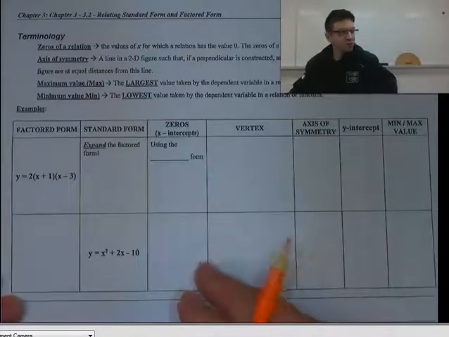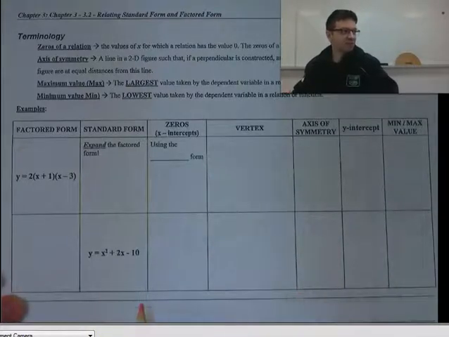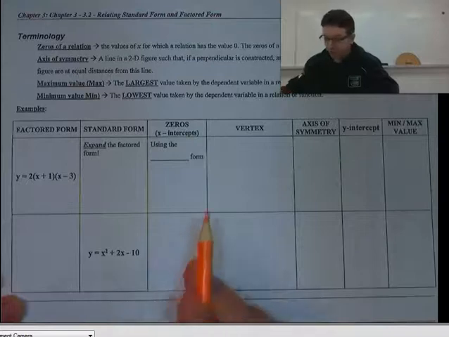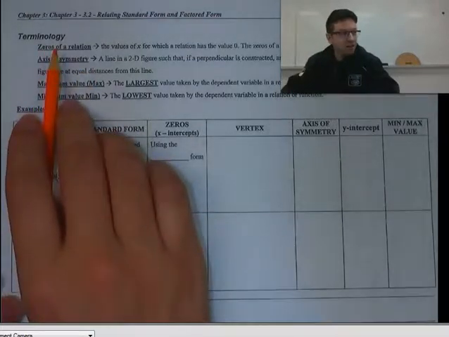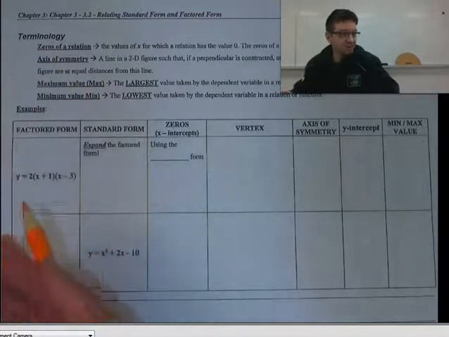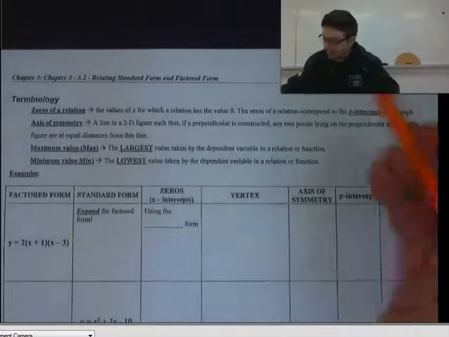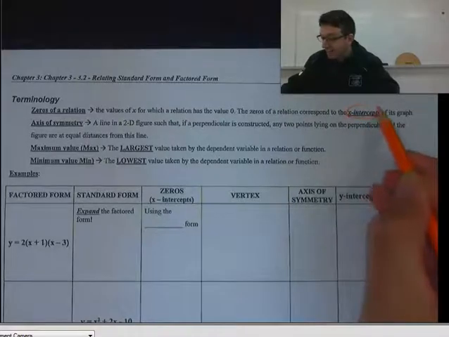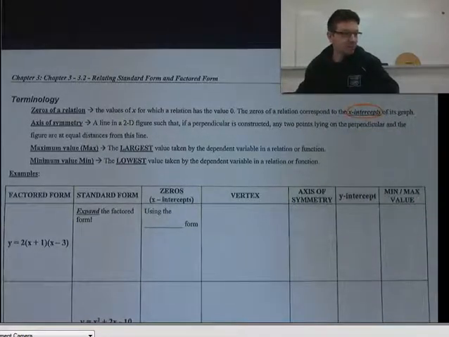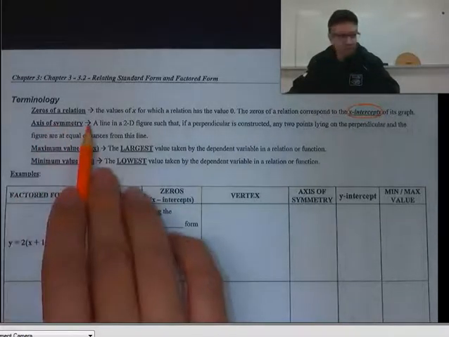Alright, so before we move on and practice with just factored form, I want to go over a few terminologies. One is the zeros. So if I ever ask you to find the zeros, what I'm actually talking about are those x-intercepts. Which, again, you can grab from intercept form or factored form just at a glance. Okay, the axis of symmetry.